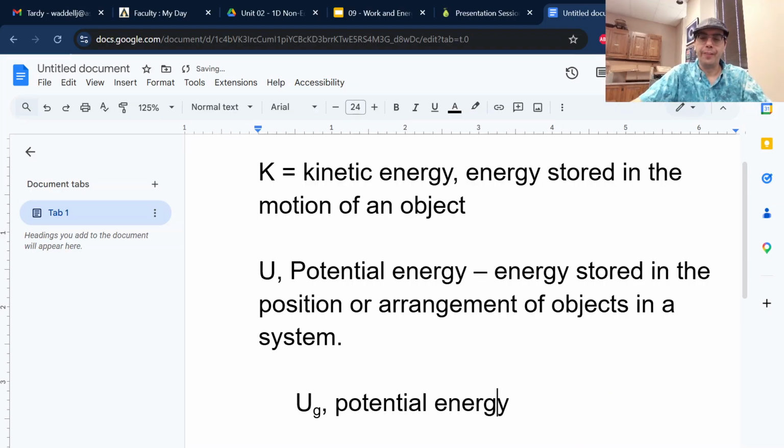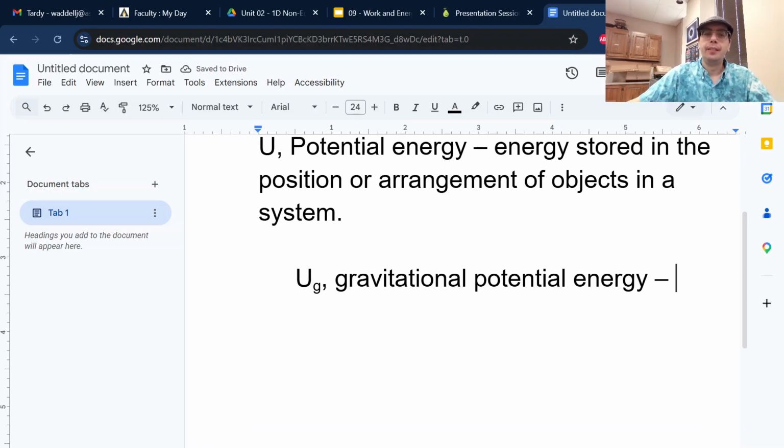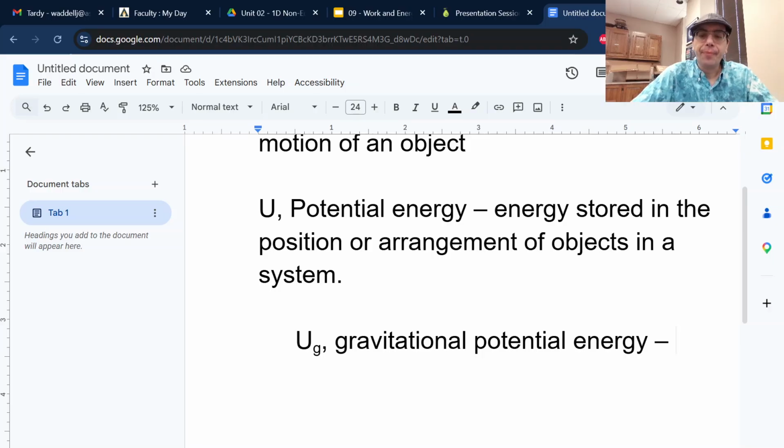I'll put the gravitational in front. Why not? Gravitational potential energy. And the other one, that's where the bow and arrow comes in. The S stands for spring. I kind of don't love the notation, but that's what we've got, because they don't have to be literal springs, right?